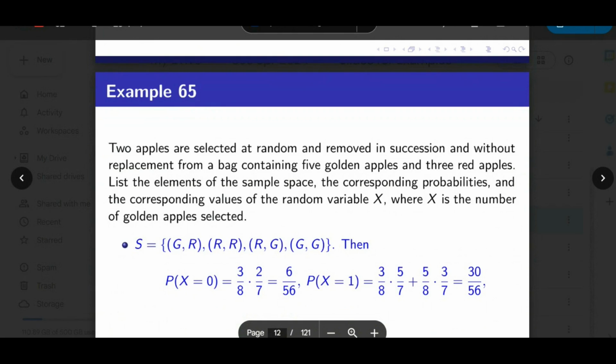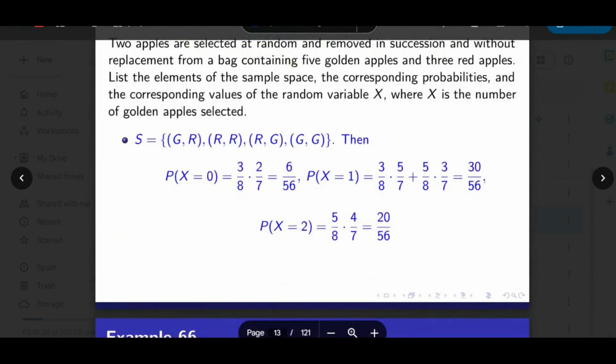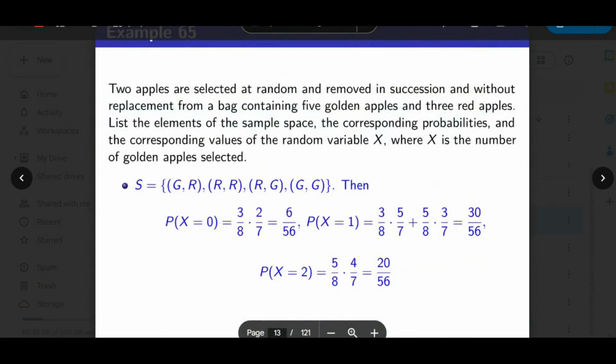What did you pick out first? Knowing that, what's the probability that the second one fulfills any criteria that you want? So you can slowly fill in the table and get all the answers like that. And I hope it's obvious there's only 3 possible values in the range of x: 0, 1, or 2, because you're only drawing out 2, all right? Okay.